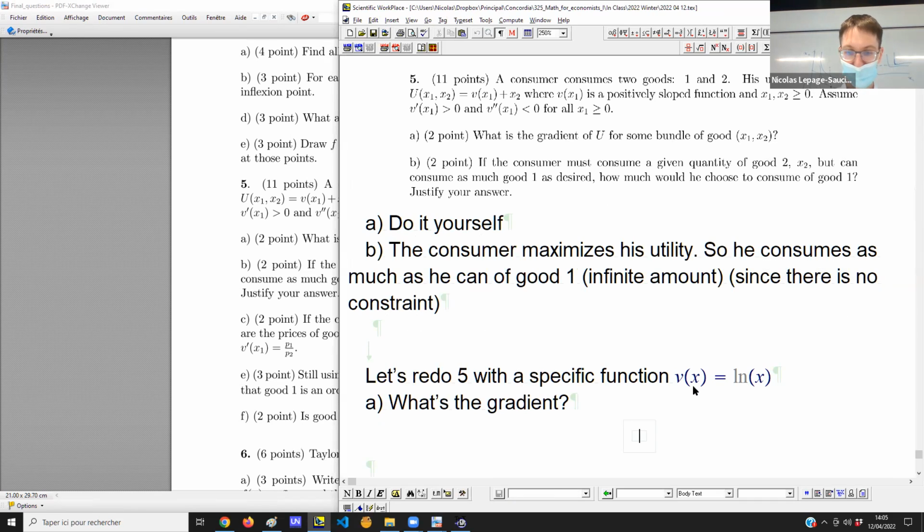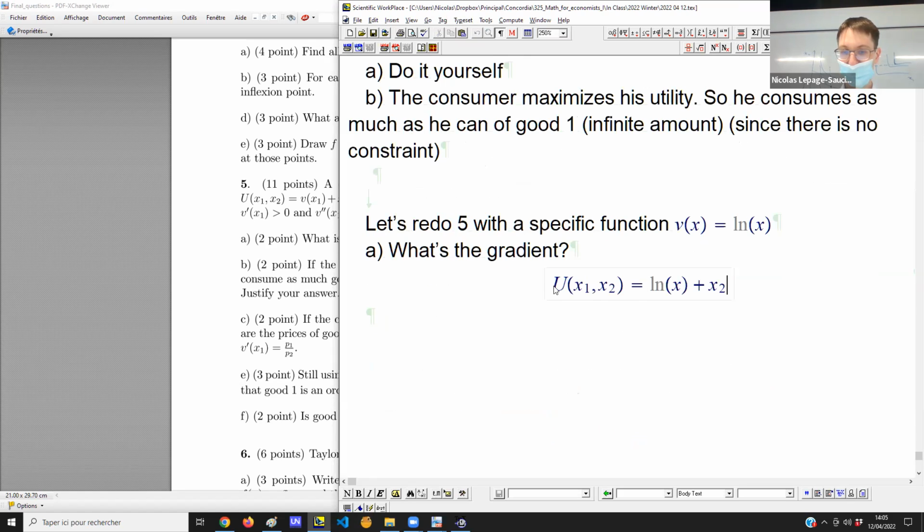So I have U equals ln x1 plus x2, then the gradient.